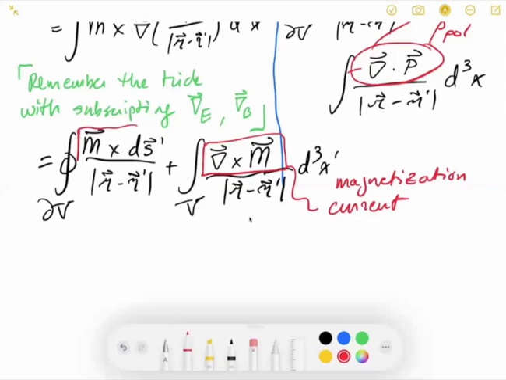And this is the surface magnetization current.